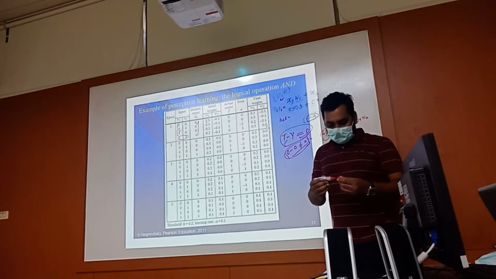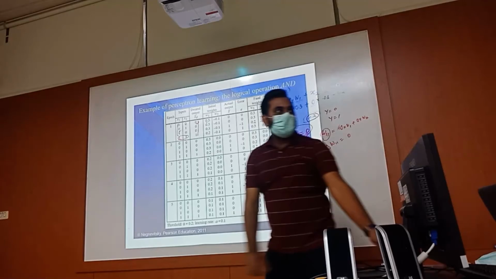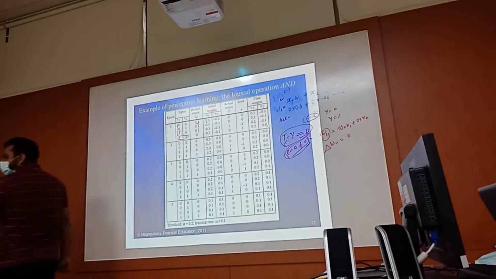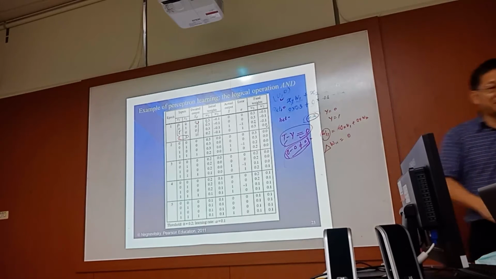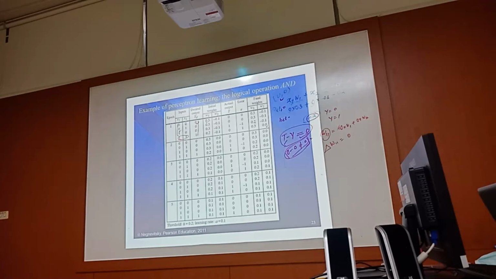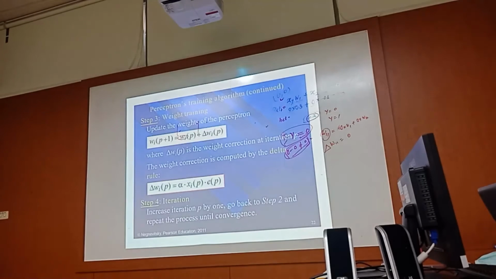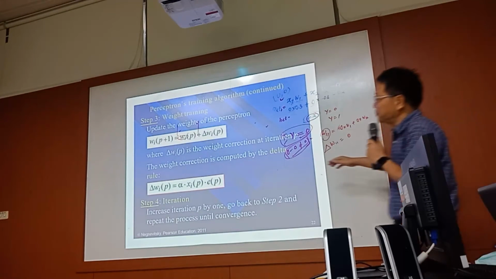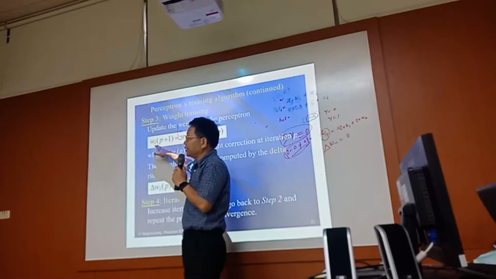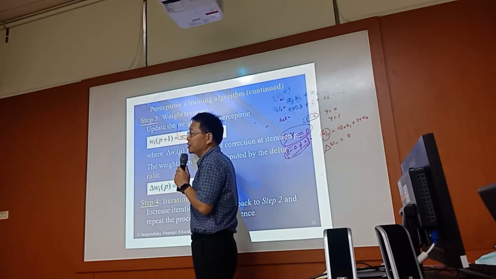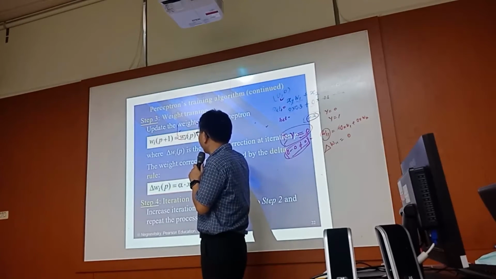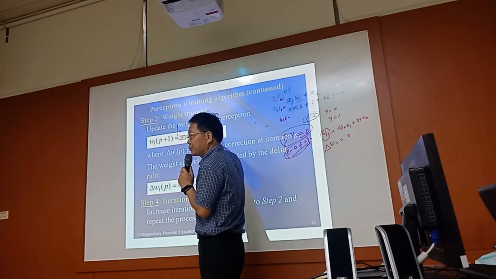Okay. Thank you all for understanding. Okay. So you can understand, because the weight update follows the perceptron formula. Every iteration, that means the first pattern, then you use the initialization, and this one, the important part is this one.